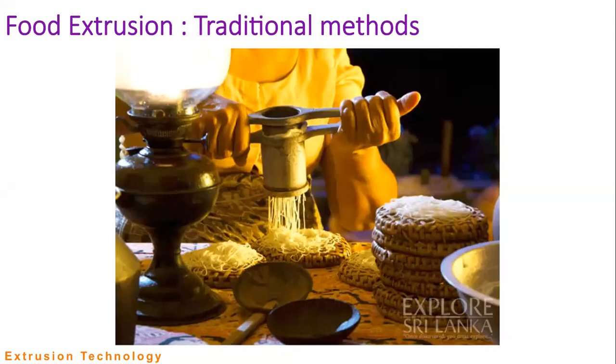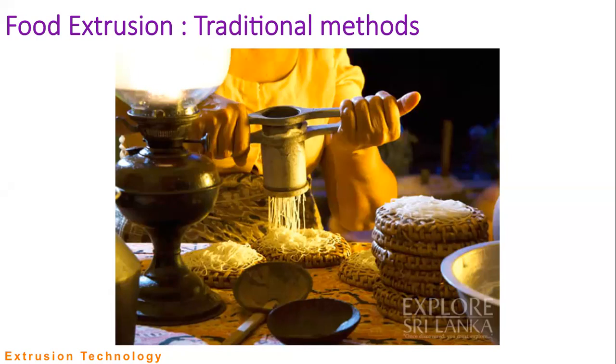And this is actually a food extruder. You all know it's a very commonly available tool in our kitchens. So it is also a type of extruder, and you all know how to use it. There are two compartments, and we fill the dough mixture into the lower one and push it by using our hands.